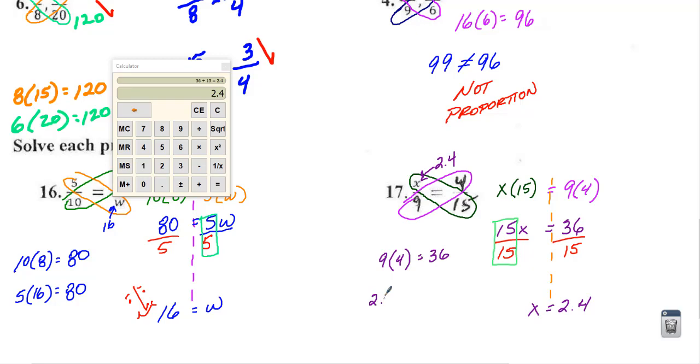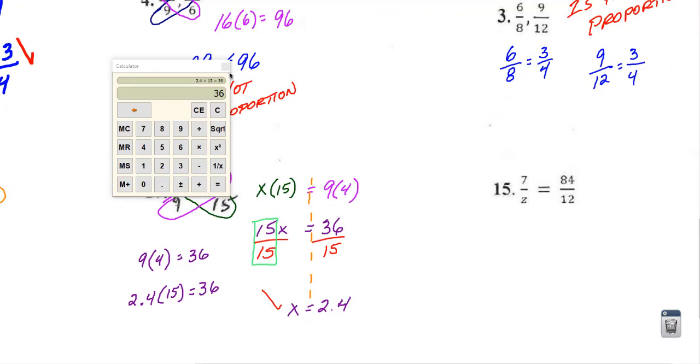So is 2.4 times 15 also 36? Let's see, 2.4 times 15 equals 36, and that tells me that I did it correctly. I can feel good about that answer right there.